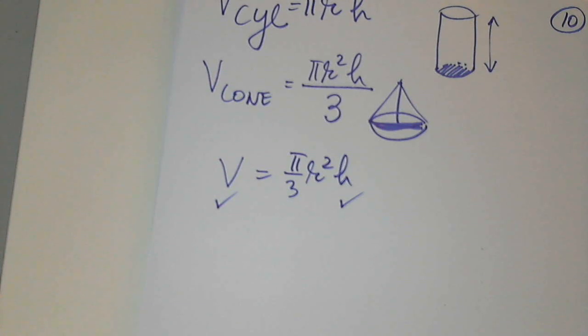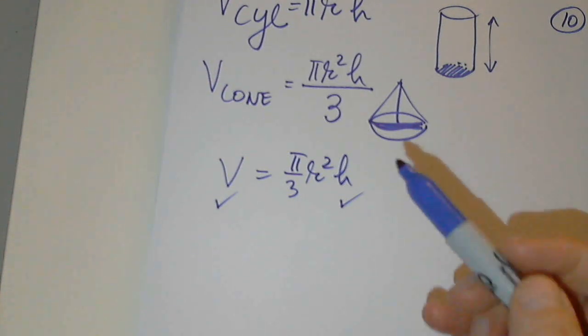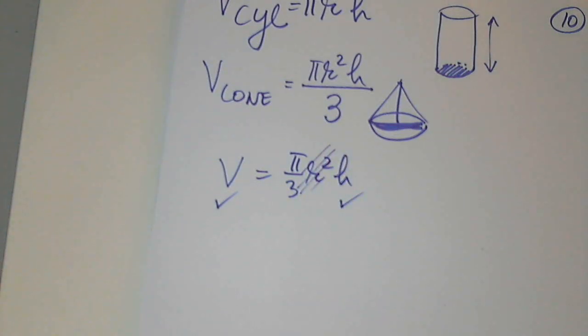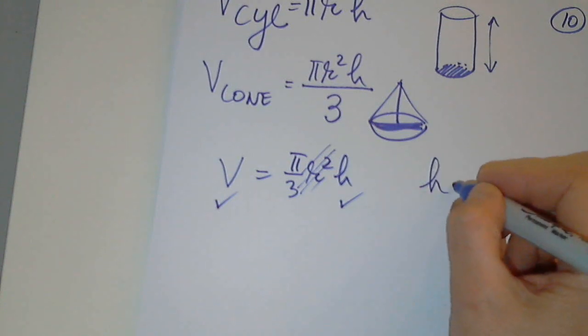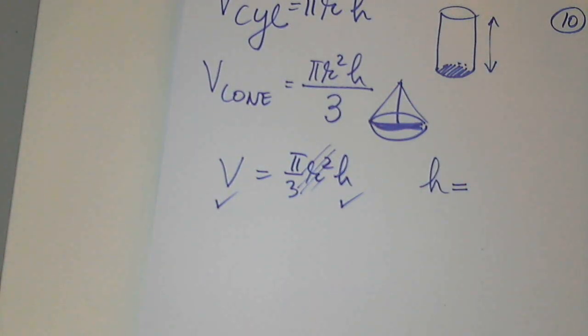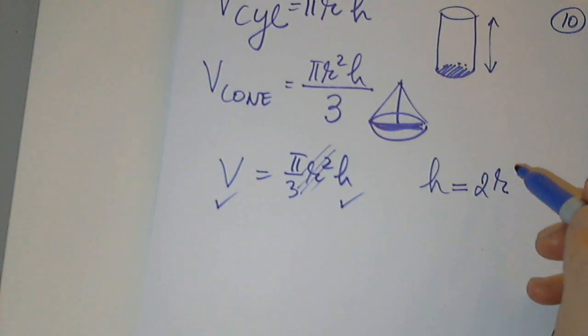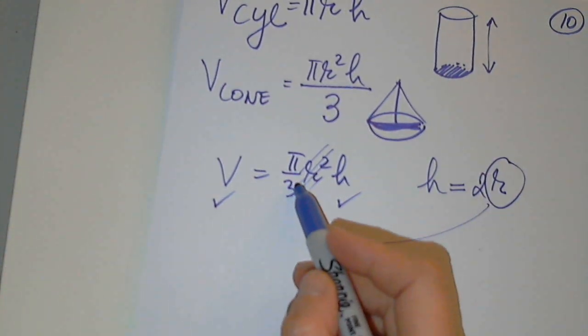But I am told that at any point in time, the height and the diameter will stay the same, will stay equal. So I have to get rid of this. It's in the way, I don't know anything about it other than the fact that the height is the same as 2r. Very good. Of course, I'm going to solve for r to replace it in here.